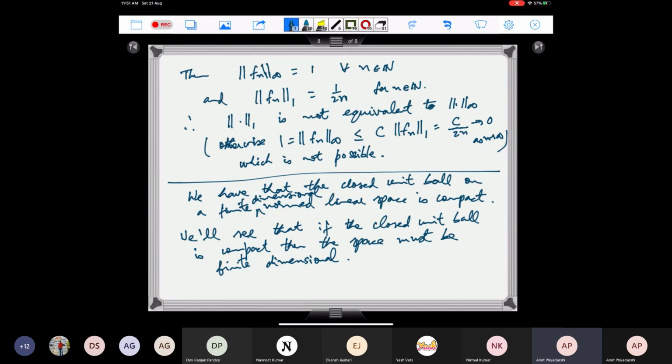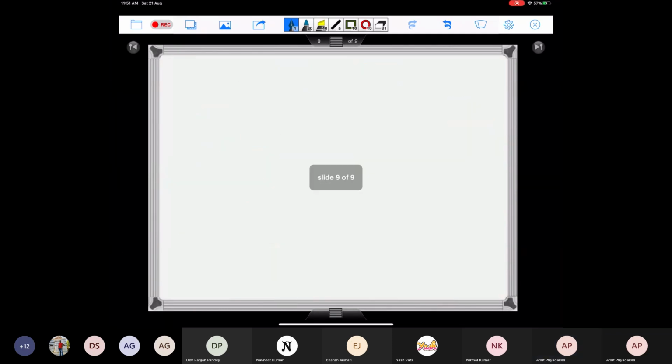So to prove this, we need one lemma, which is called Riesz's lemma. Let me state Riesz's lemma.